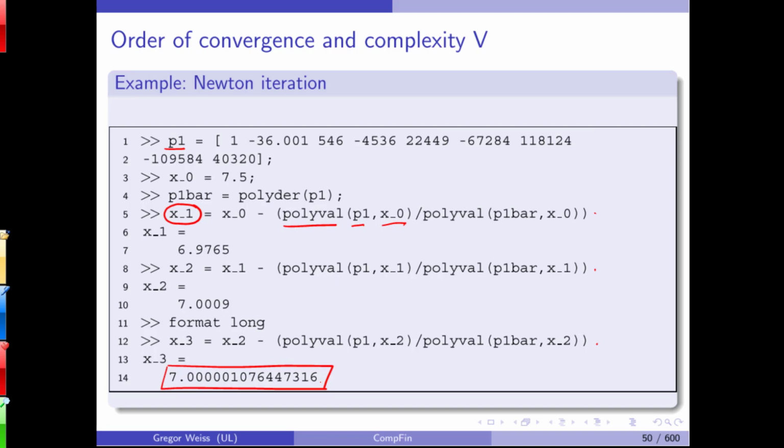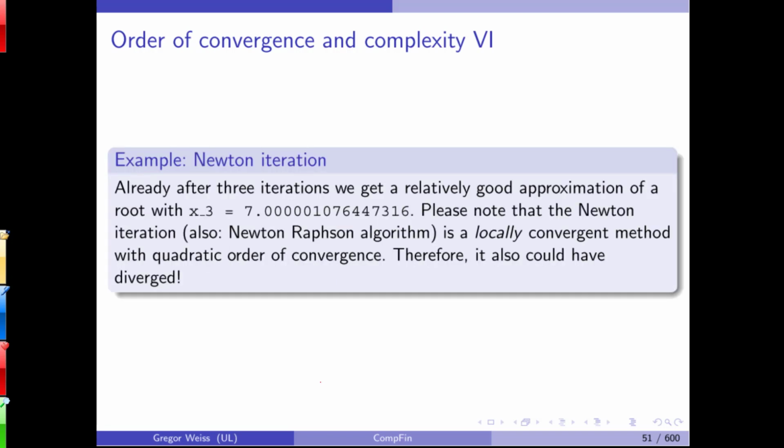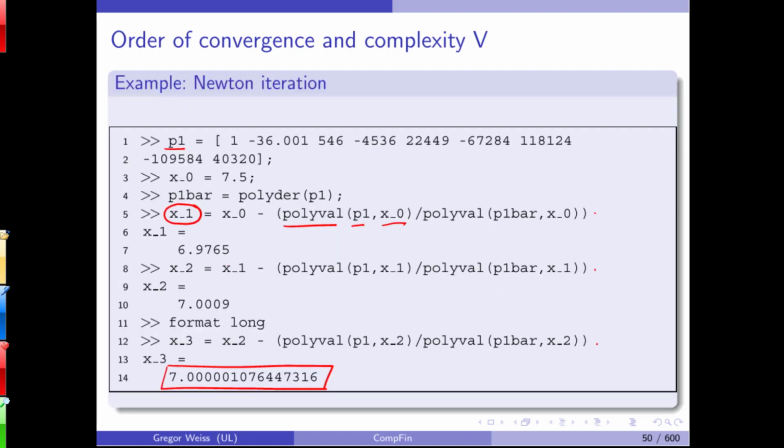But obviously, because we started at 7.5, it didn't give us 1 or 2, but it went to the closest root. And it's rather simple to see that the Newton-Raphson algorithm is locally convergent, but very quick. There's a quadratic order of convergence, and this is why we only needed 3 very simple iterations to calculate this approximation here.